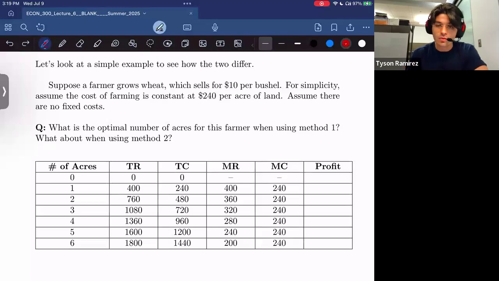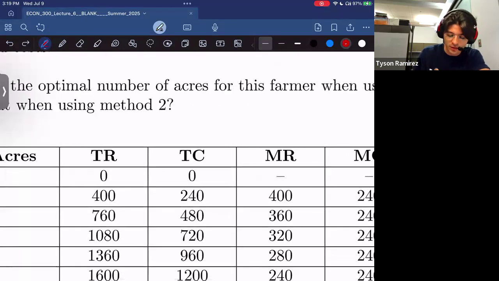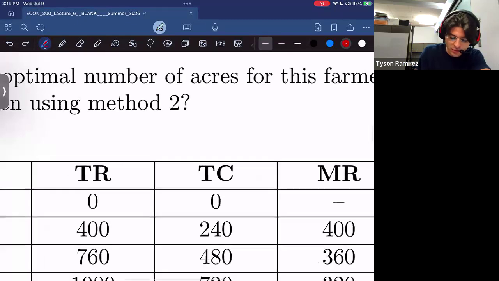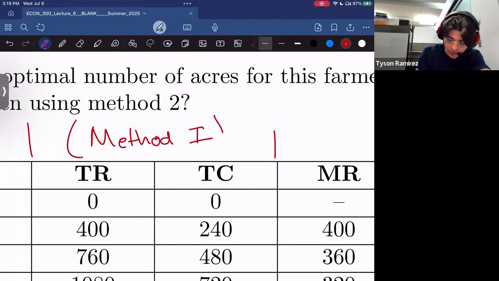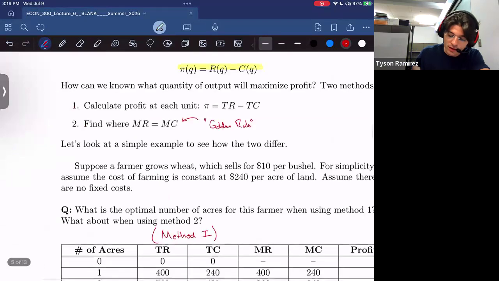All right. So what you should have found is that, the way I conveniently organized this table for us, these first two, this is method one, because method one was looking at TR and TC.